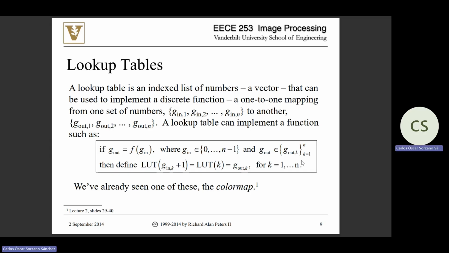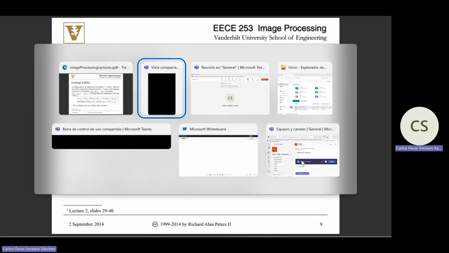What is important here is that the function is nothing more than a lookup table. Let me do some drawing.